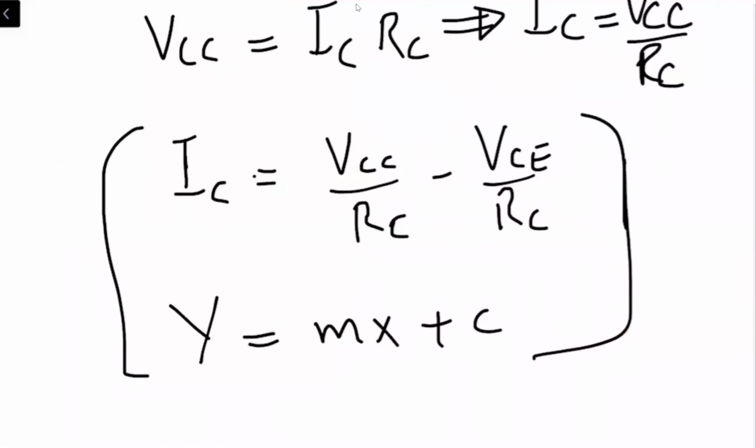We have less than a minute now, so the session will probably end. But y is equal to mx plus c can be correlated with the equation IC is equal to minus VCE divided by RC plus VCC divided by RC.